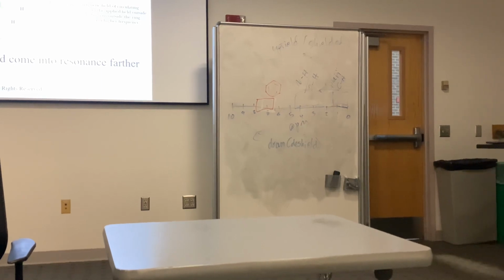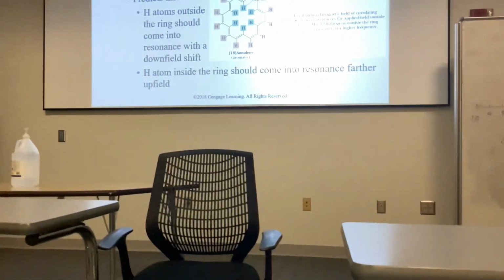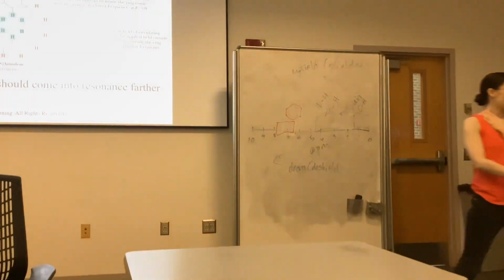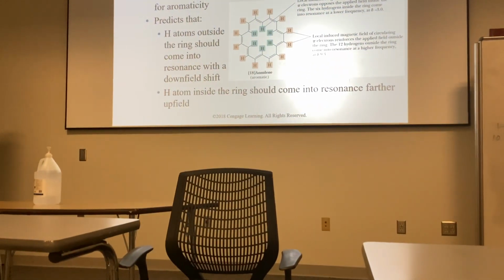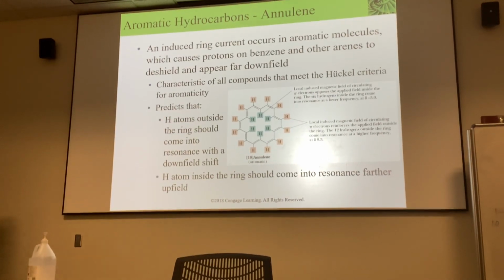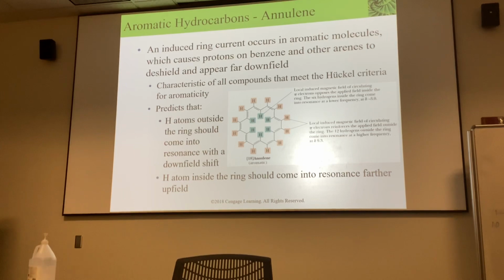Okay, so the reason that benzene is way up here, way deshielded, is that we get ring currents going on with benzene. Basically the electrons have a closed loop, and they go around, and when electrons move, you generate a magnetic field.